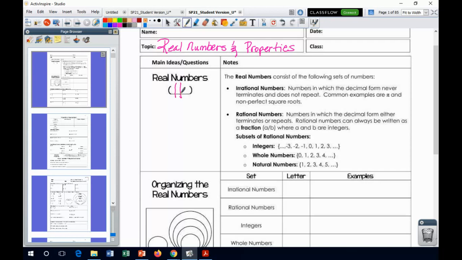So your double bar, and then your R. The way that we denote real is R double bar. So very important, very important, very important.